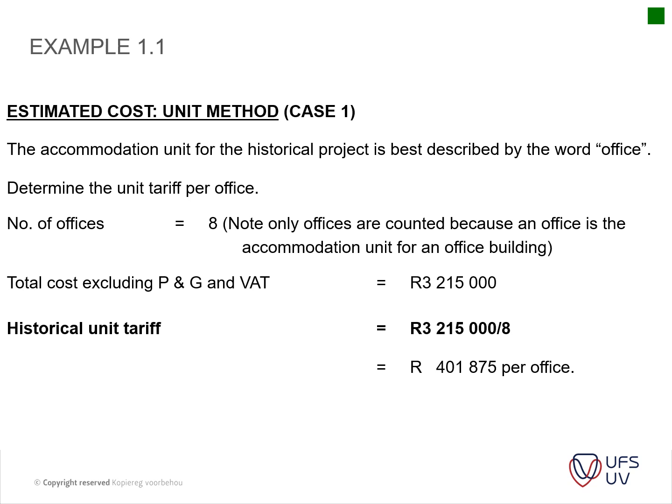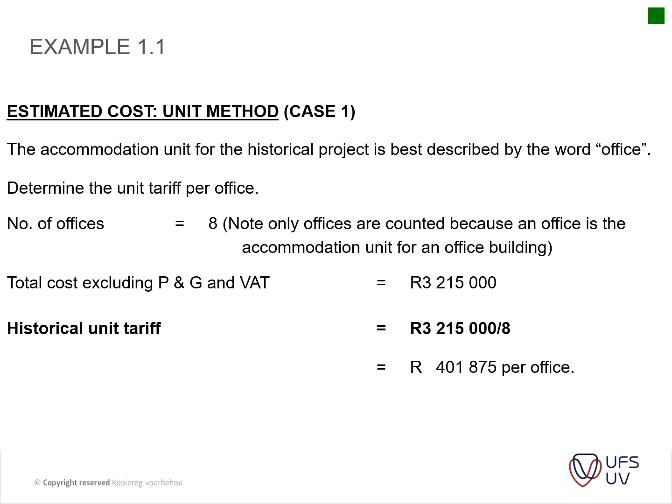You're given all of that information. I think the total cost is calculated at 3.9 million. Please have a look at that. The accommodation unit for the historical building is best described as an office.